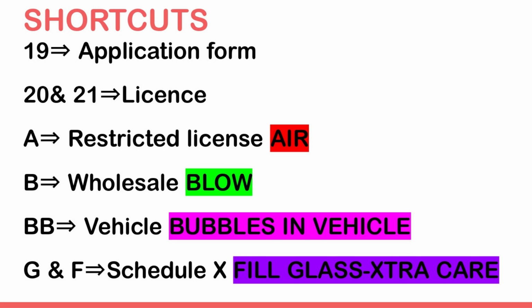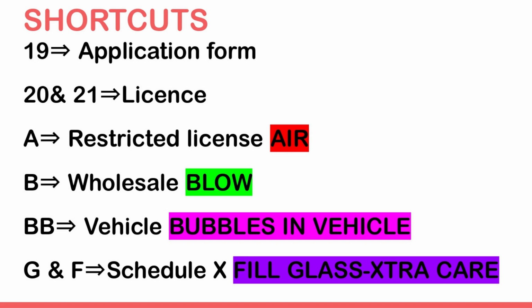Before going into the details of form numbers, let's see the shortcut to remember the form numbers. Otherwise, it will be very difficult to remember. We can see two types of forms. One is application forms.